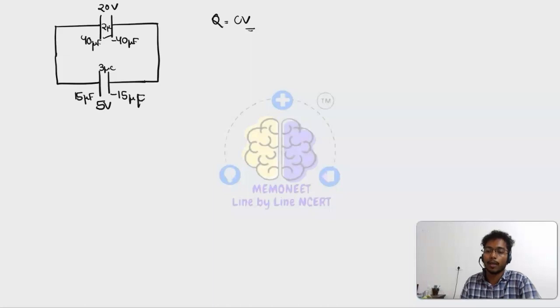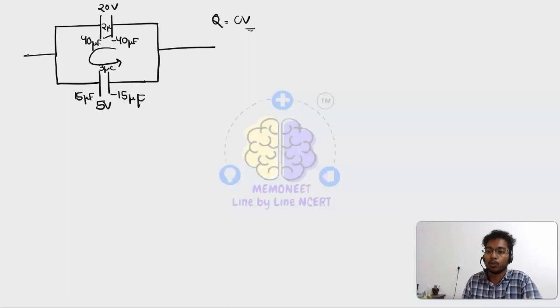Okay, so applying the Kirchhoff law, you know that Kirchhoff law. On moving anti-clockwise, we are moving from negative to positive. When these are connected, they will want to maintain the same voltage between both the capacitors.